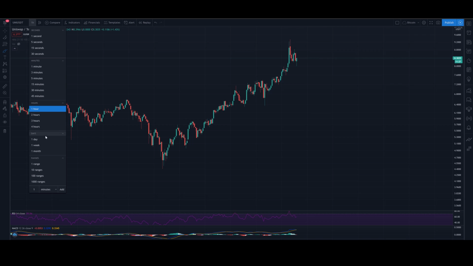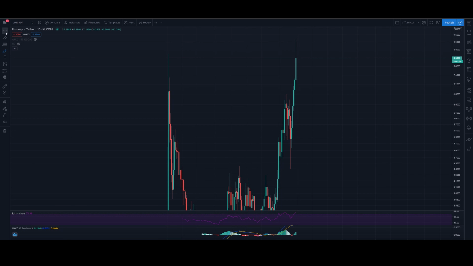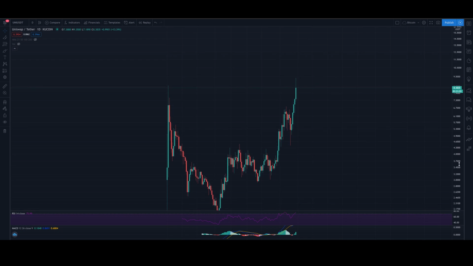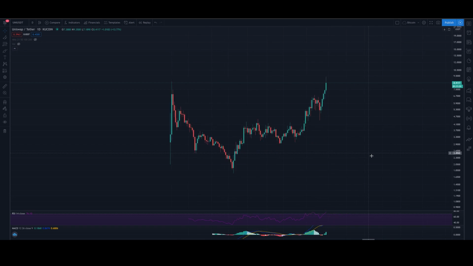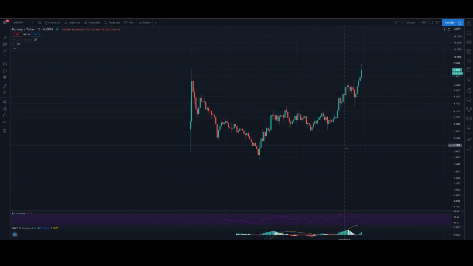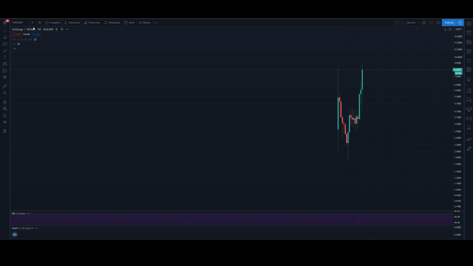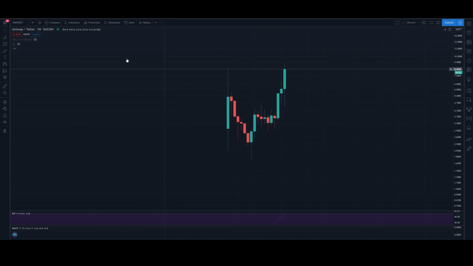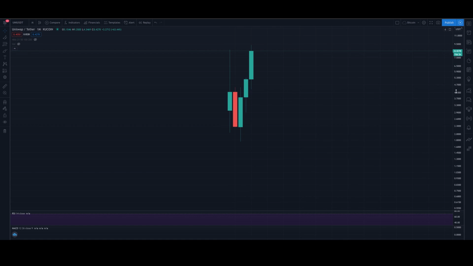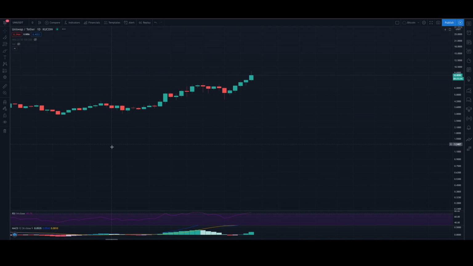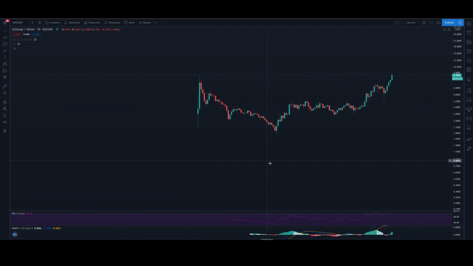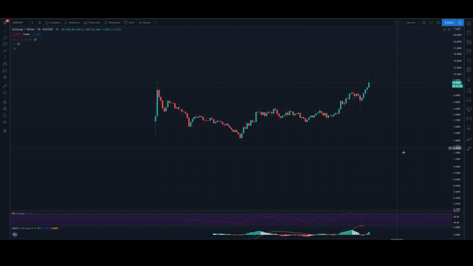Now, even though the 1-hour chart is creating the staircase and has the potential to drive the prices higher, it's always a good idea to take a look at the price chart at a higher time frame, like the daily, for example. Of course, the weekly and monthly would be even better to look at, but Uniswap is fairly new and really needs time to create trends and have a better understanding of the overall structure in the long term. Remember, the higher the time frame, typically the clearer the trend is in the long term.